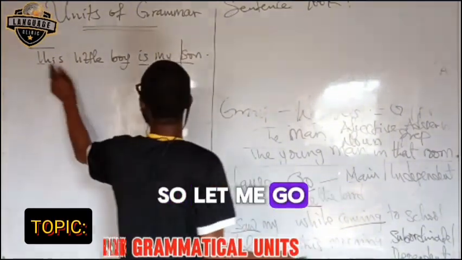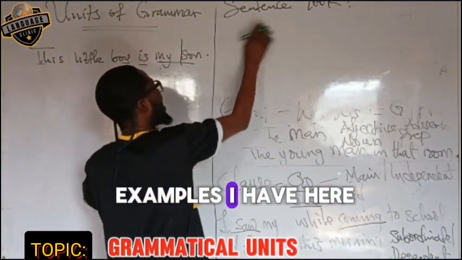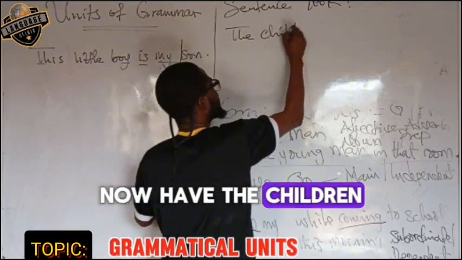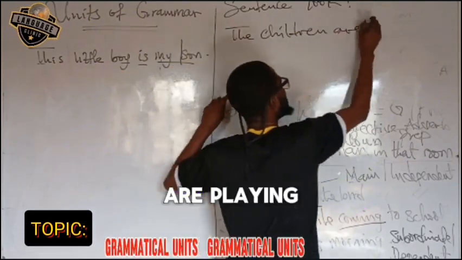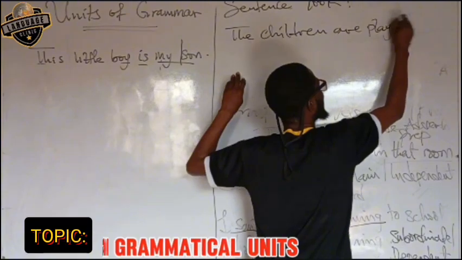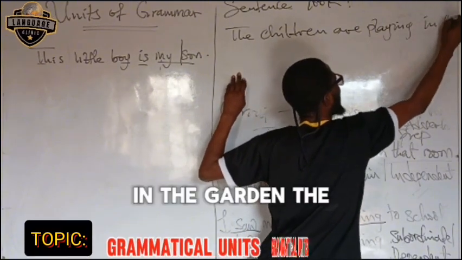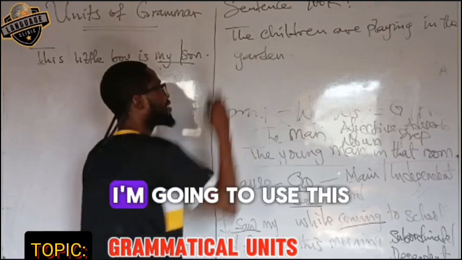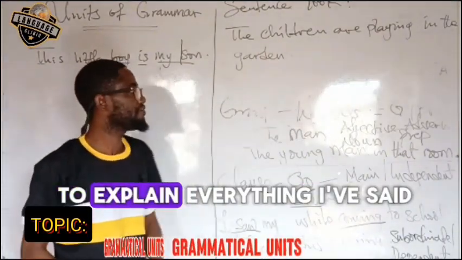So let me go back to the first example I have here. The children are playing in the garden. I'm going to use this to explain everything I've said so far.